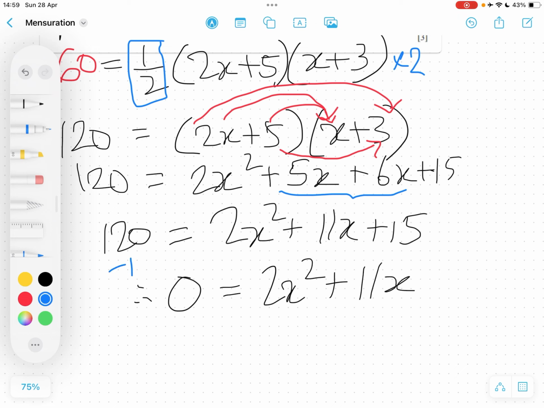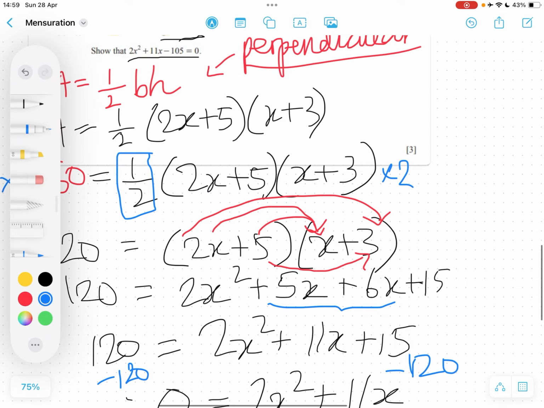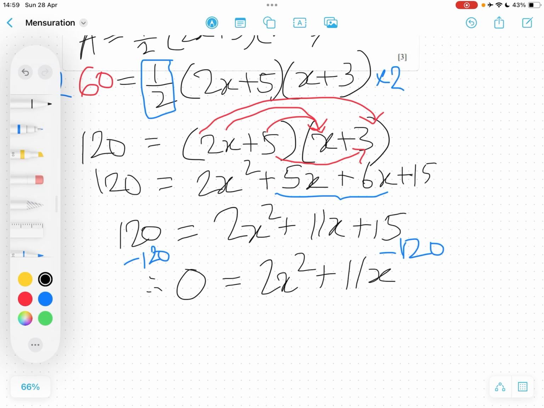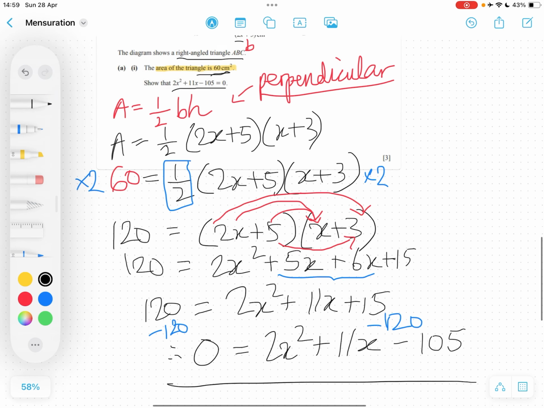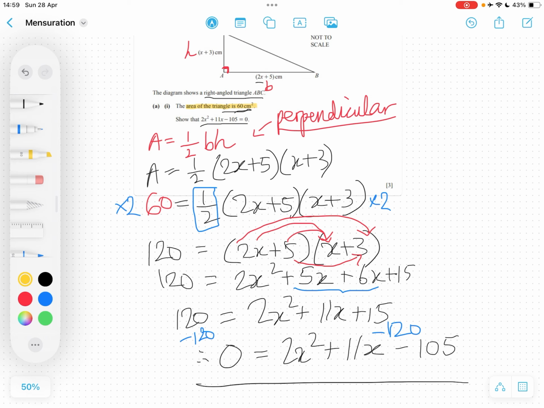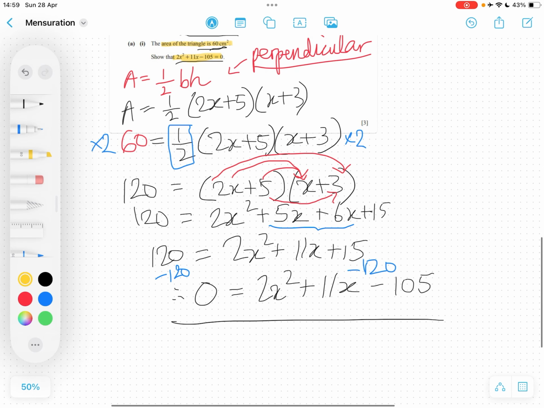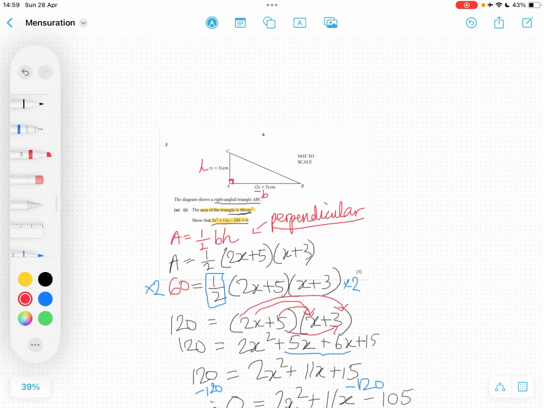And 15 minus 120 is negative 105. So now we have this here, and that is exactly what we're being asked to show, that 2x squared plus 11x minus 105 is equal to 0. And we've done that here. So that's all you need to do for that question.